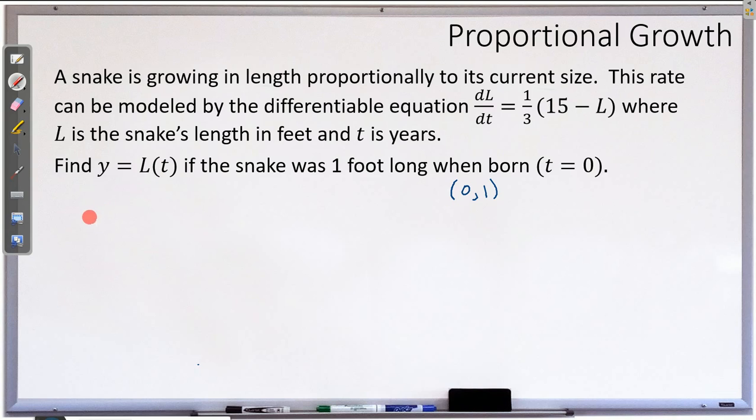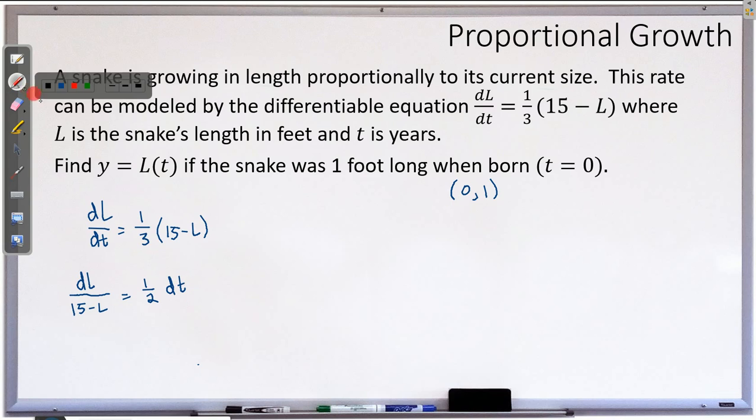So I'm going to separate the variables. dL/dt is equal to 1/3 times (15 minus L). So I'm going to divide by this and multiply by the dt. So we'll be left with dL over (15 minus L) is equal to 1/3 dt.